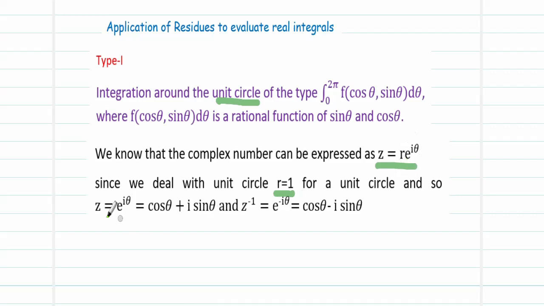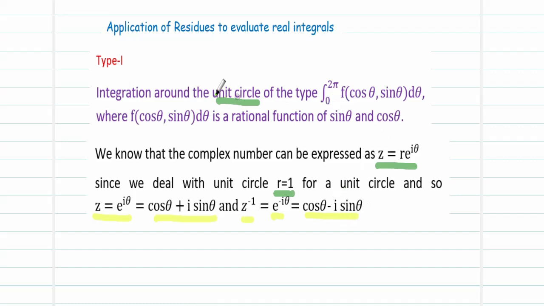So z is equal to e power i theta, which is cos theta plus i sin theta. What will be the conjugate of the complex number z? It will be z inverse, which is e power minus i theta. So the plus sign gets replaced with a minus sign, and we have cos theta minus i sin theta.